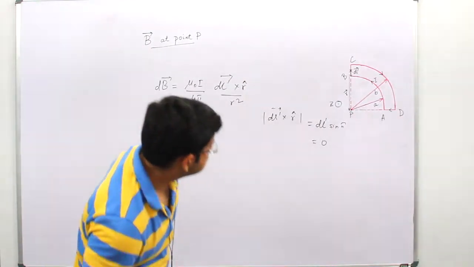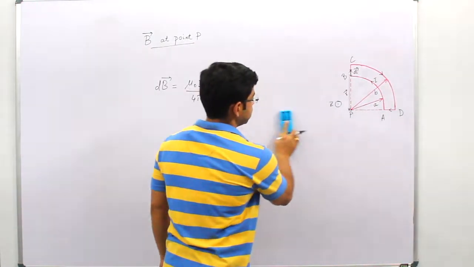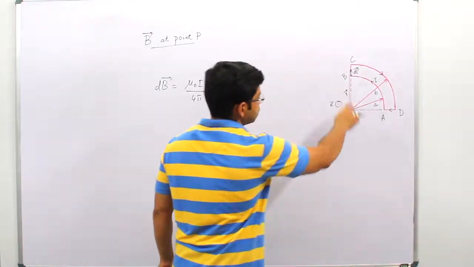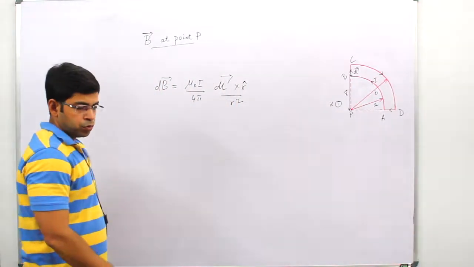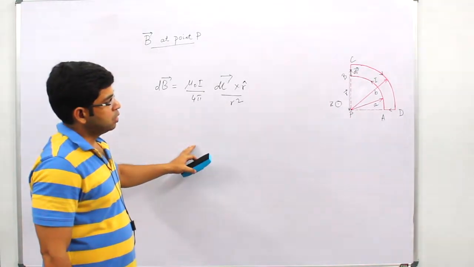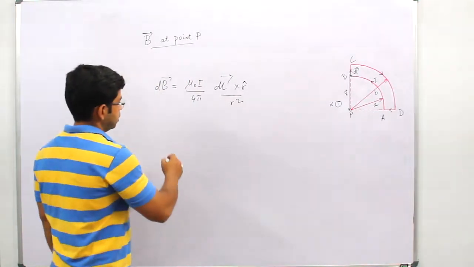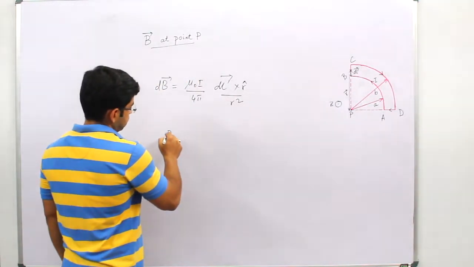Now the problem is simpler. We have only to calculate the contribution to the magnetic field B due to the quarter circles. So we have already derived the magnetic field due to a quarter circle in the previous example.